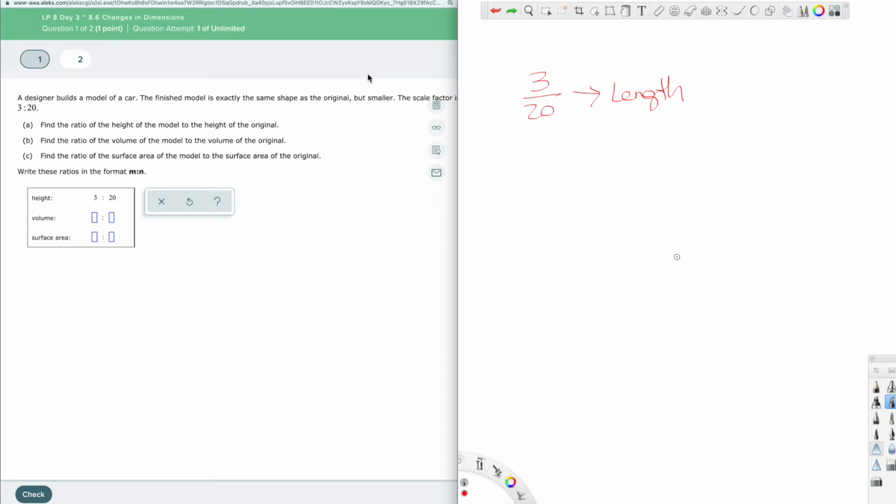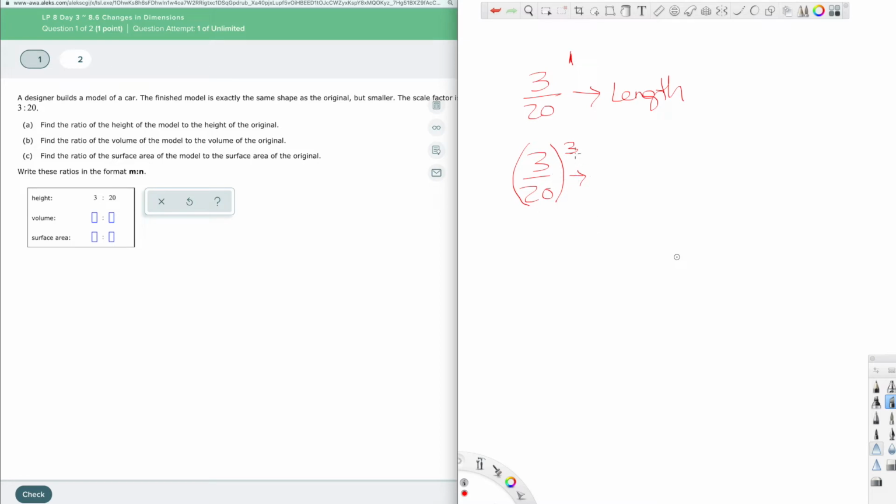So the next one says the ratio of the volume of the model to the volume of the original. Well, we can still take this same ratio, but volume, instead of being one-dimensional, is three-dimensional. So I need to cube it before I can use it as a scale factor for any kind of calculations.